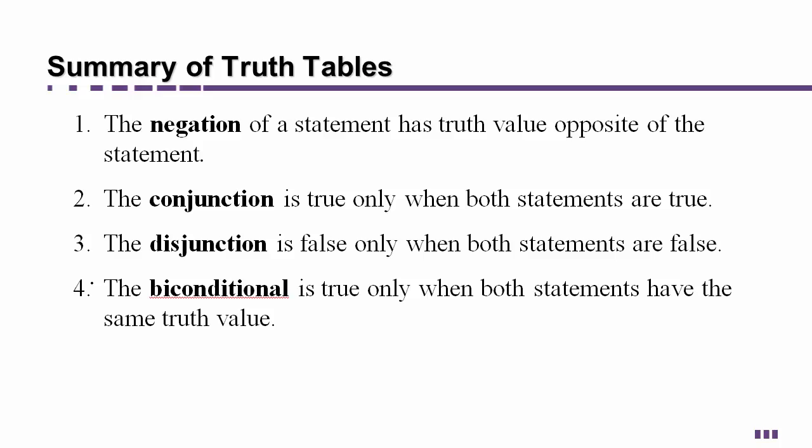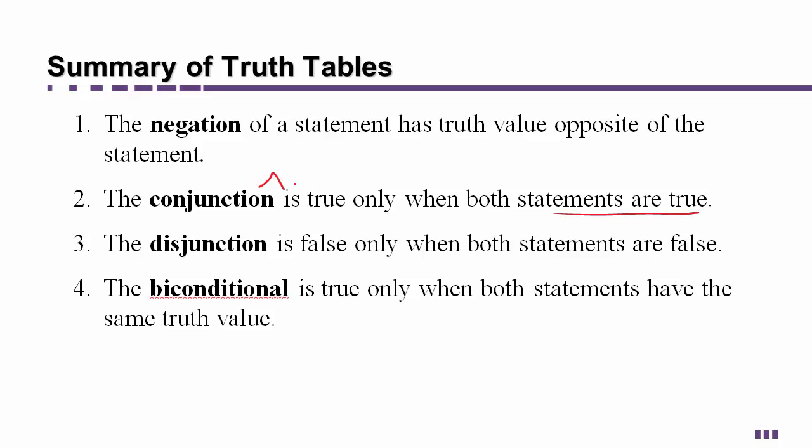Lastly, to summarize all of these things, we know that the negation of a statement has true values that are opposite of the original statement. Whenever the first statement is true, the negation is false, and whenever the original statement is false, of course, the negation is true. The conjunction, remember, is an and. Conjunction is just the fancy word for the and symbol, and that is true only when both statements are true.